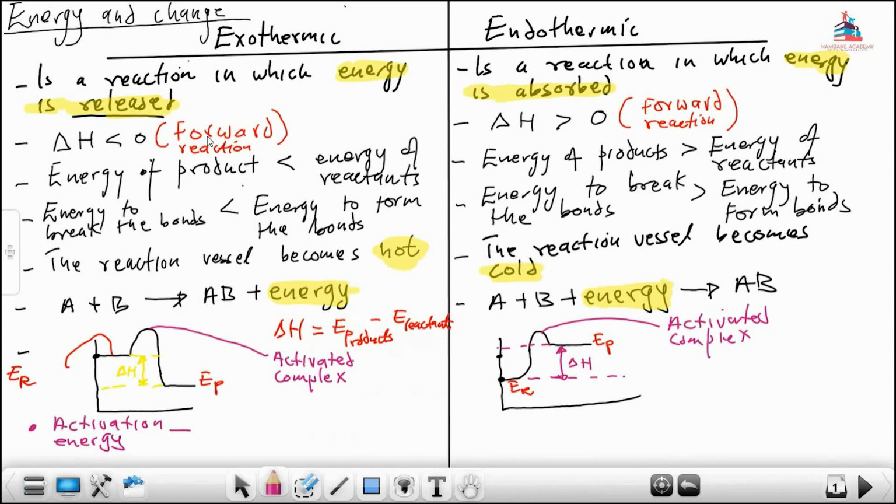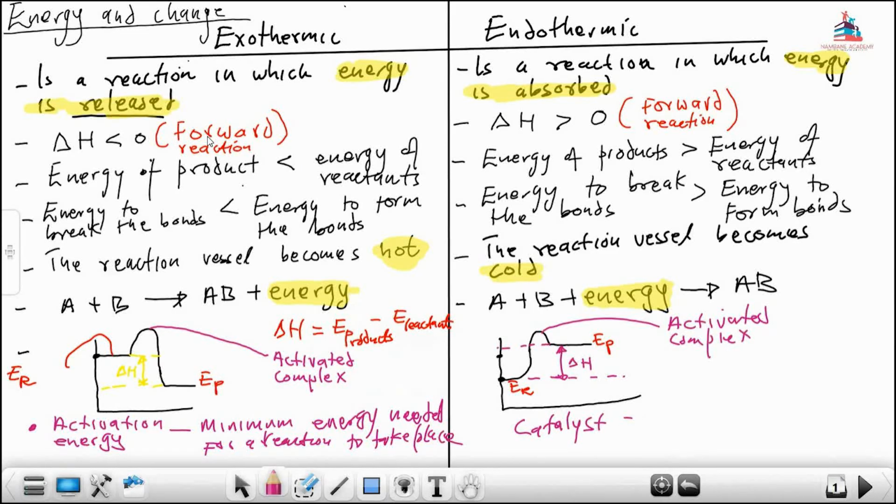It is the minimum energy needed for a reaction to take place. So these are keywords that we need now to look into. So activation energy, minimum energy needed for a reaction to take place.